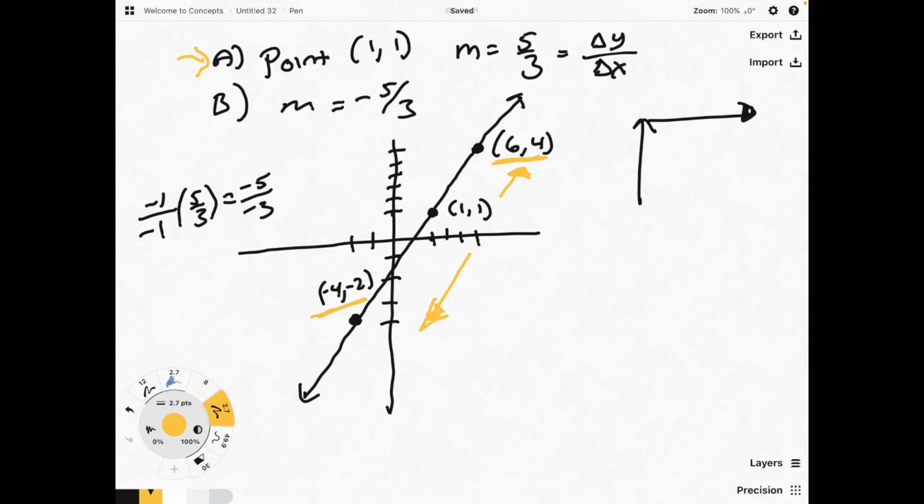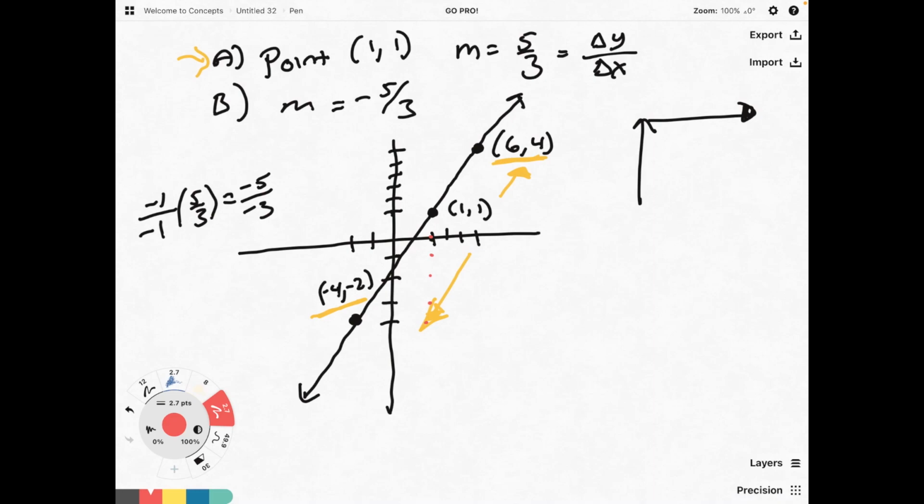Now if we wanted to do B, instead of doing a rise of 5, we're doing a rise of negative 5 if we're still using the point 1, 1. So with that, instead of up 5, we're going to go down 5. So we're going to go 1, 2, 3, 4, 5.